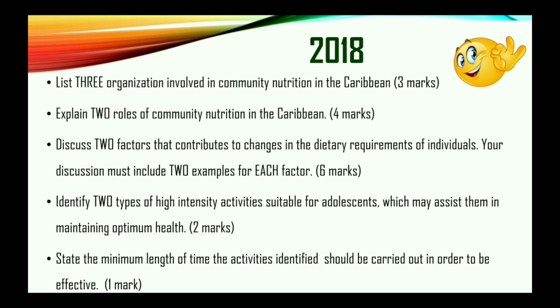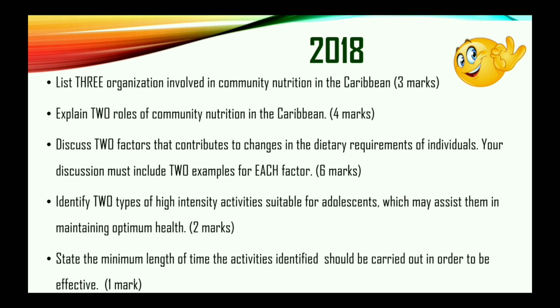2018. List 3 organizations involved in community nutrition in the Caribbean. Explain 2 roles of community nutrition in the Caribbean. 4 marks. Discuss 2 factors that contribute to changes in dietary requirements of individuals, and your discussion must include 2 examples for each factor.